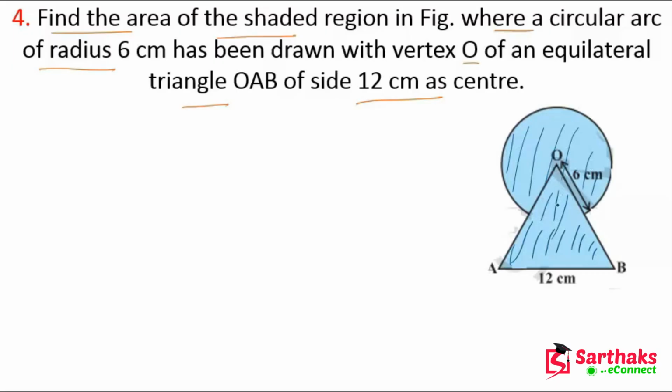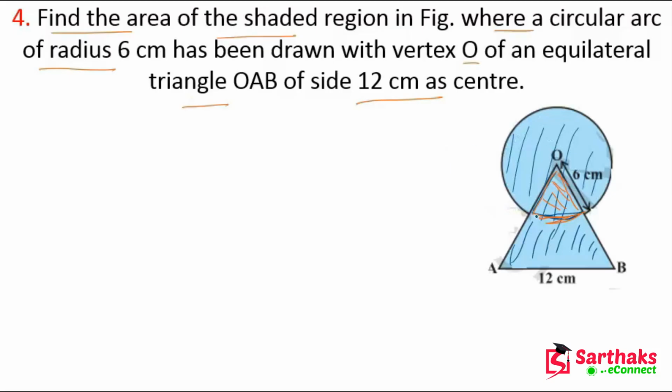But this sector is common to the area of the circle and the area of the triangle, so now we have to remove this. So the area of the shaded part is the area of the circle plus the area of the triangle minus the area of this common part. This is the method to solve this question.